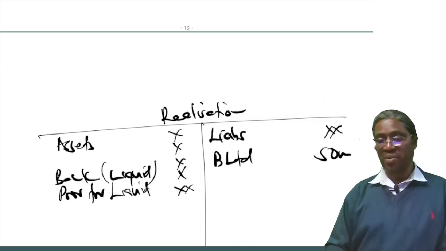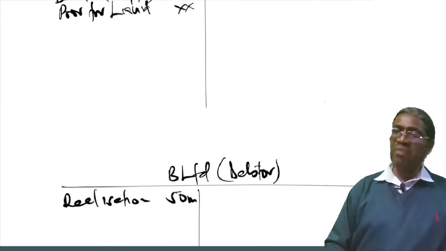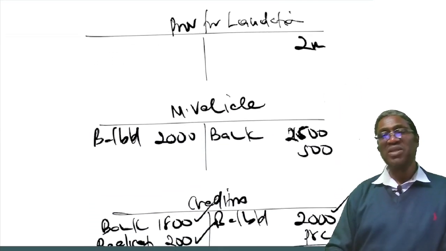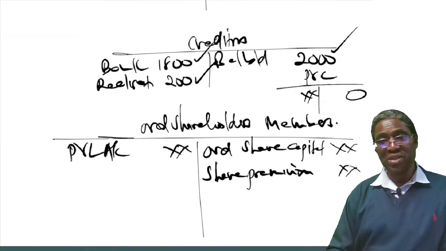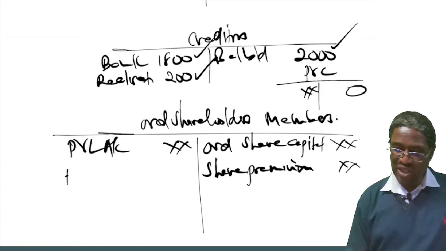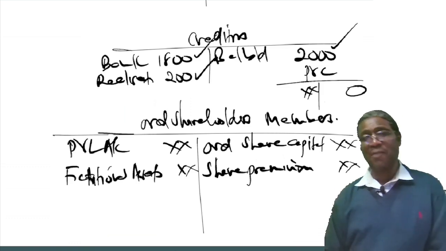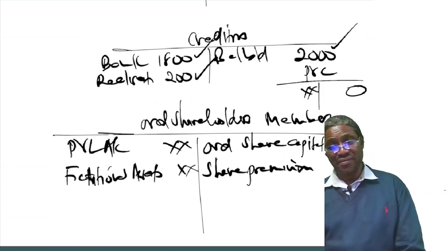You give that loss to the members of the company who are the owners of the company, the ordinary shareholders. So you will debit ordinary shareholders' members here, and you will credit whichever fictitious asset it is. That's our entry number 9.